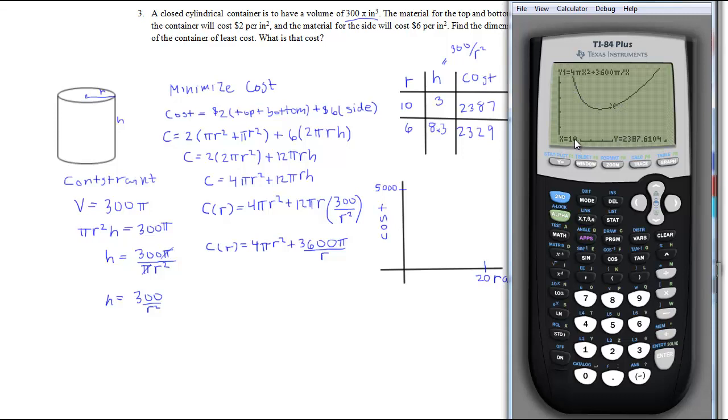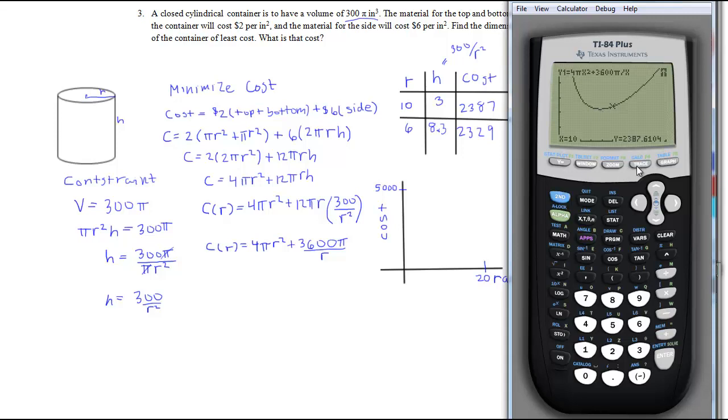So when x is 10 and h is 3, the volume is 300 pi and the cost is 2,387, which is pretty cheap comparatively to this. It's almost near the bottom, but it's not the least amount of cost. So every point on here has the volume of 300 pi, but we want the one with the least cost. So the least cost is the minimum.